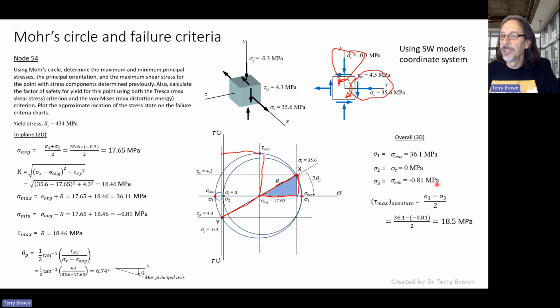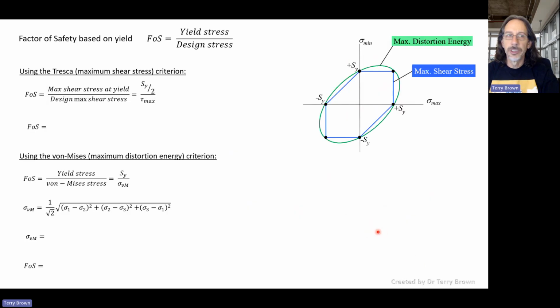We need to compare this with the yield stress, but we can't directly compare our maximum principal stress with the yield stress, and we can't compare the maximum shear stress directly with the yield stress. We have to make use of failure criteria, which is covered in the pre-tutorial videos.